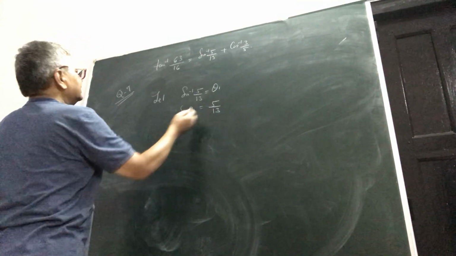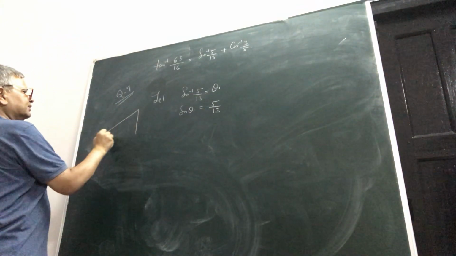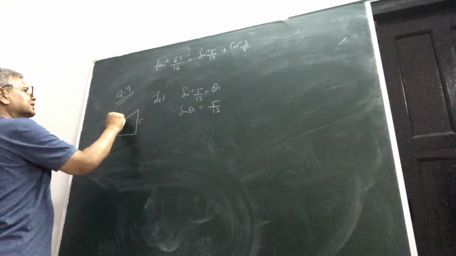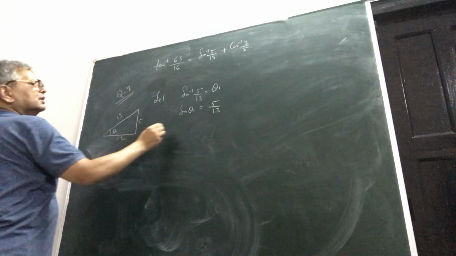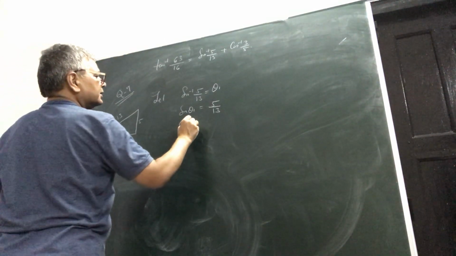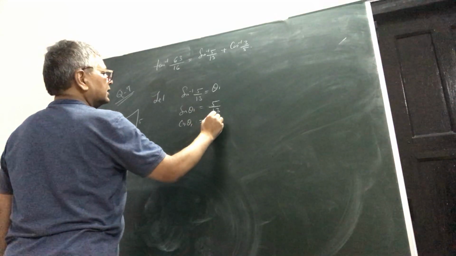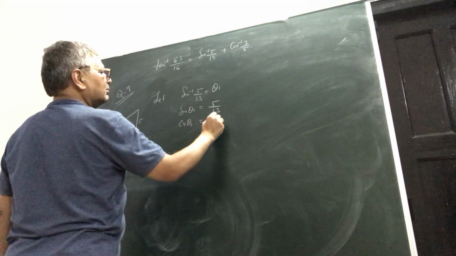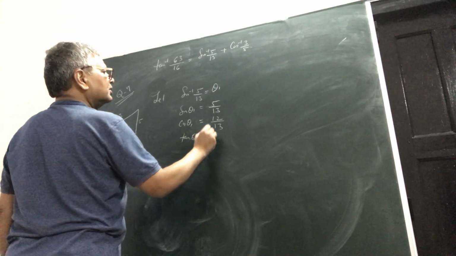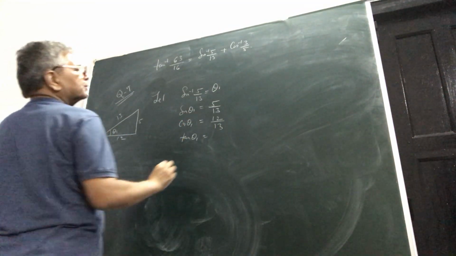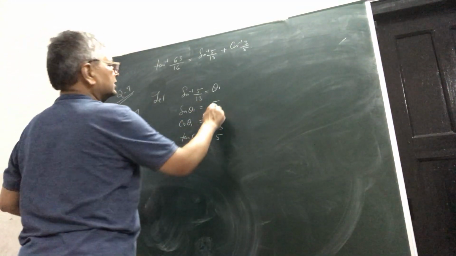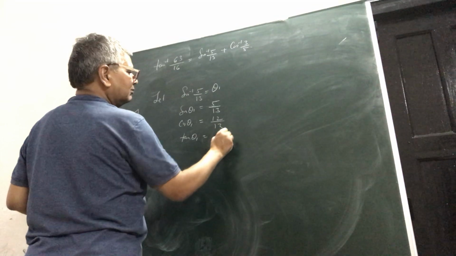You have this triangle here. This is theta 1, sine theta is 5 by 13, so the hypotenuse is 13, the opposite side is 5, and obviously the third side is 12. So cos theta 1 will be 12 by 13, and tan theta 1 will be sine upon cos, so 5 by 12.